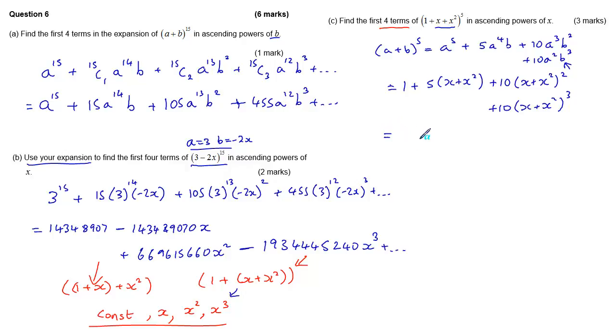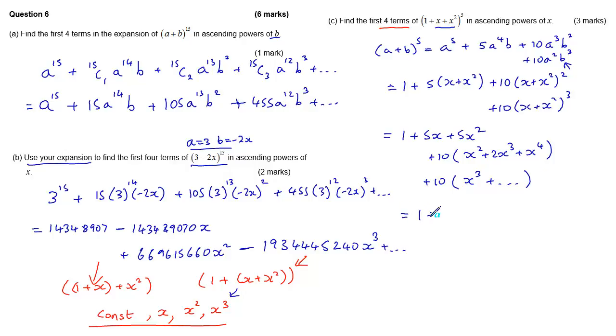So that's equal to 1 plus 5x plus 5x squared plus 10, and if we square this we get x squared plus 2x cubed plus x to the 4, which we don't really care about, the x to the 4. And then we've got 10 x cubed plus lots of stuff we don't really care about.